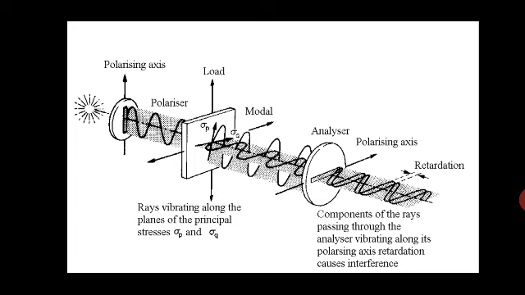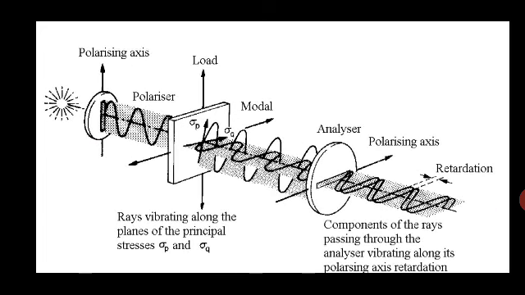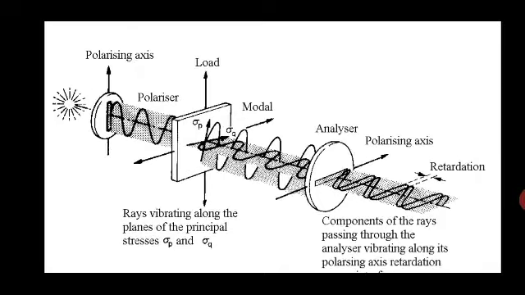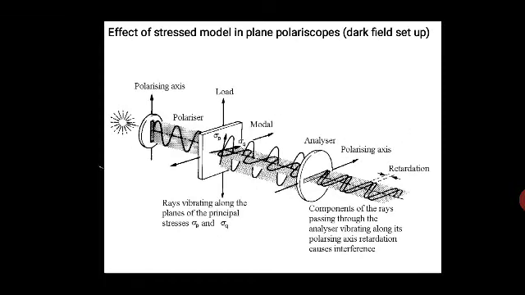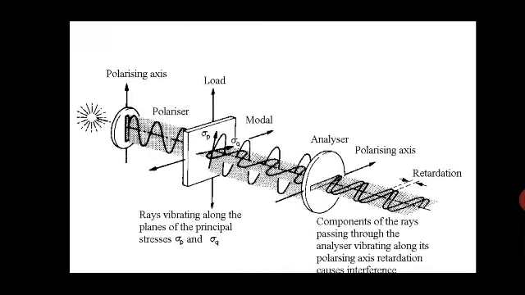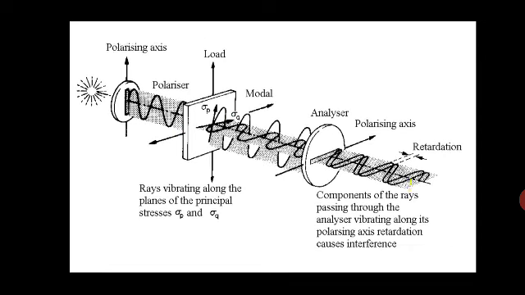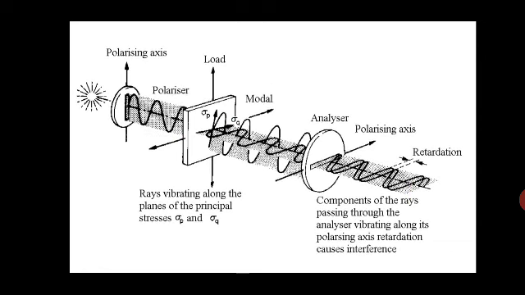You can observe the light source, the polarizing axis of the polarizer, and the analyzer, which is kept at the extreme point, the fourth element. In between them we place a stressed model. Because of the effect of the stressed model, the output patterns are shown clearly.